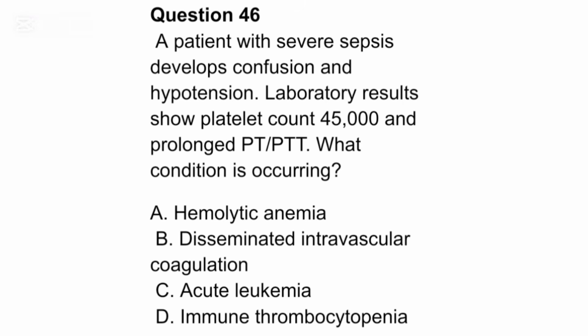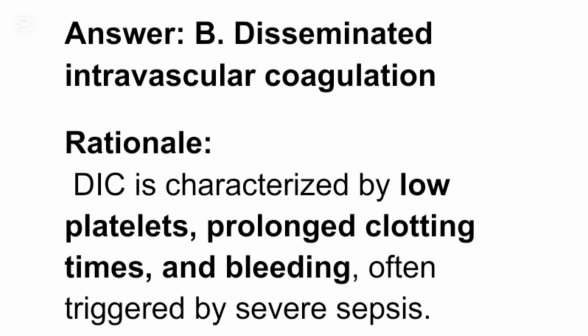C. Acute leukemia. D. Immune thrombocytopenia. Answer: B. Disseminated intravascular coagulation. Rationale: DIC is characterized by low platelets, prolonged clotting times, and bleeding, often triggered by severe sepsis.